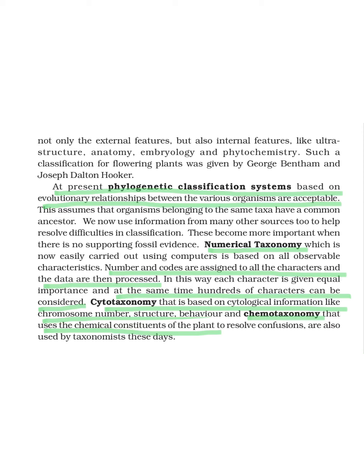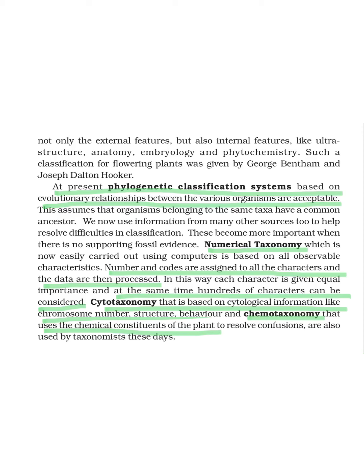At present, the phylogenetic classification system, which is based totally on evolutionary history and the relationship among different organisms, is more acceptable. It assumes that organisms belonging to the same taxa have a common ancestor. So the evolutionary background was taken as important.